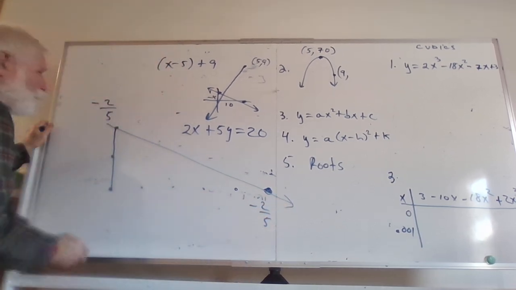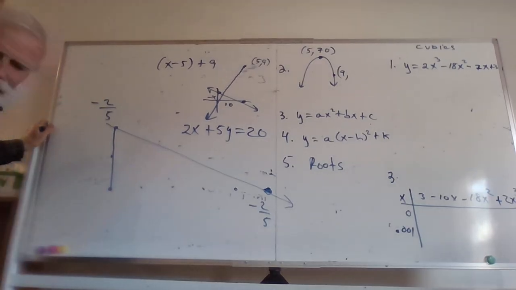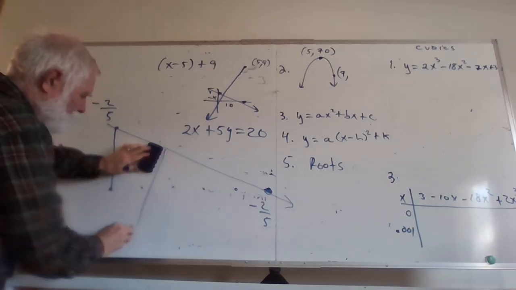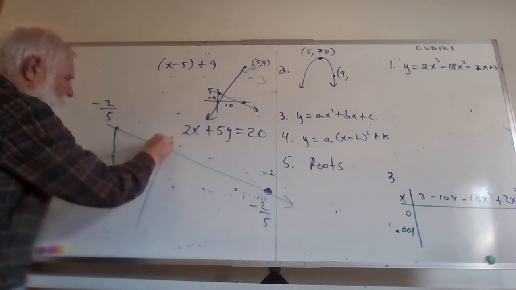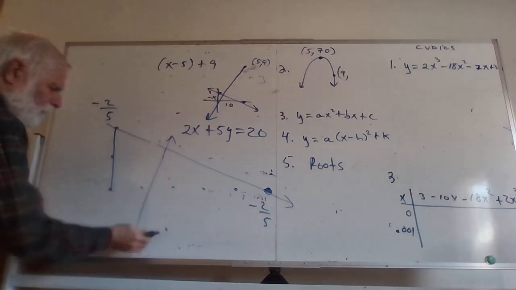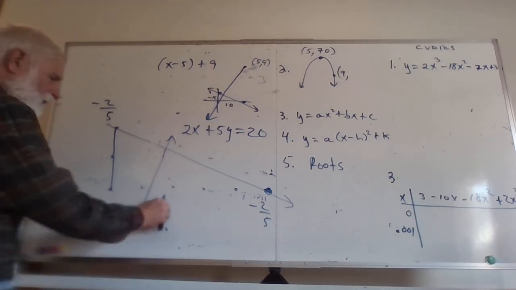So let's measure the perpendicular slope. Perpendicular, that looks to be about perpendicular. Let's get a better perpendicular. Okay, so that's perpendicular. Let's measure it. I think I'm going over 2, and then I'm going to go up 5.